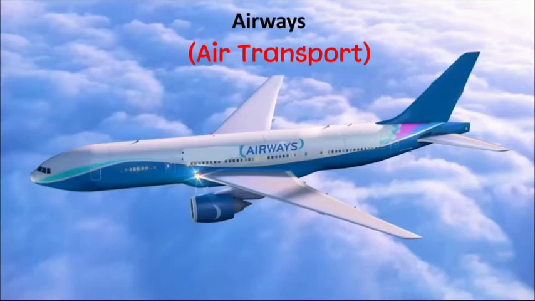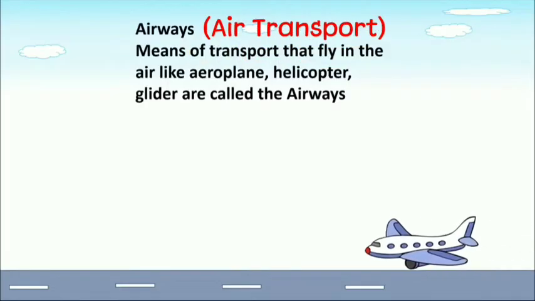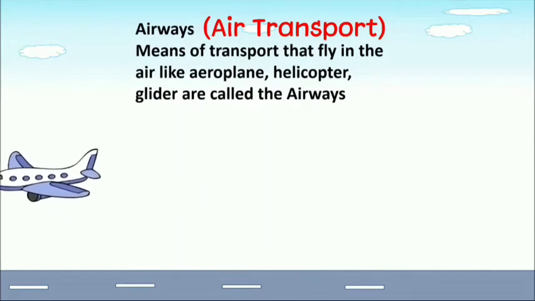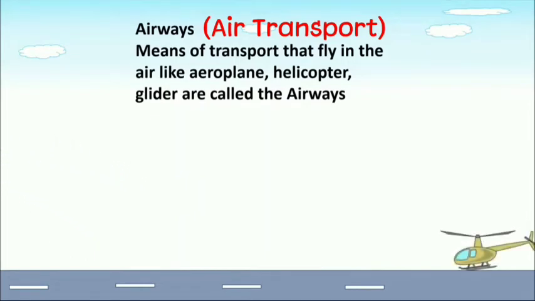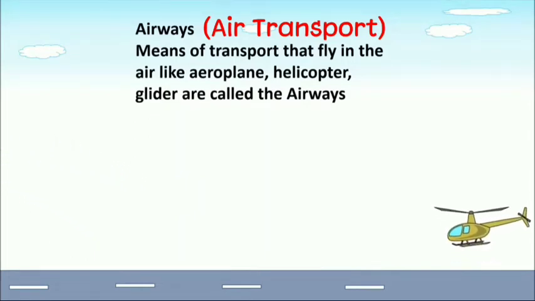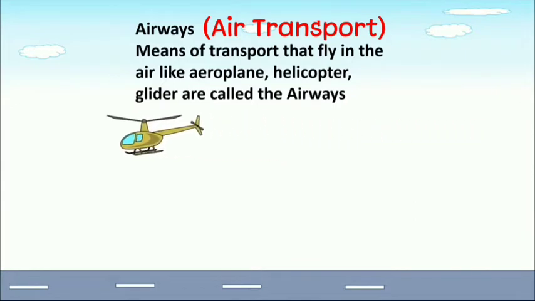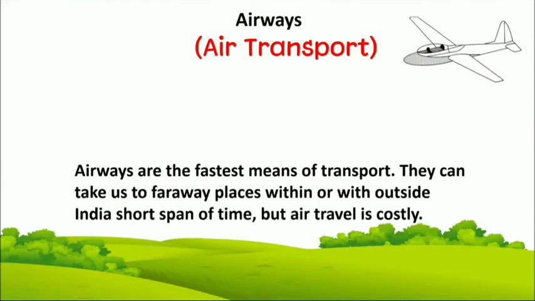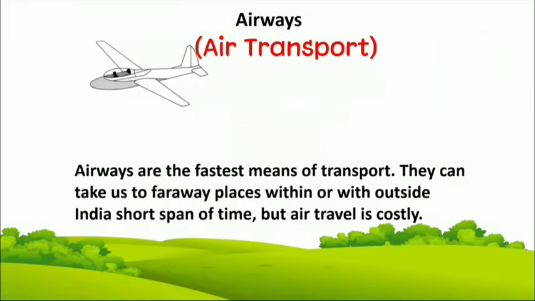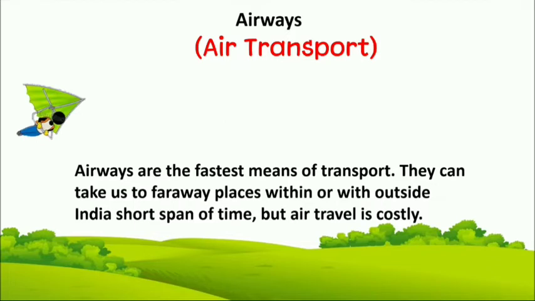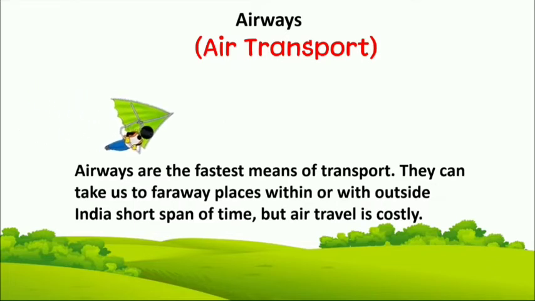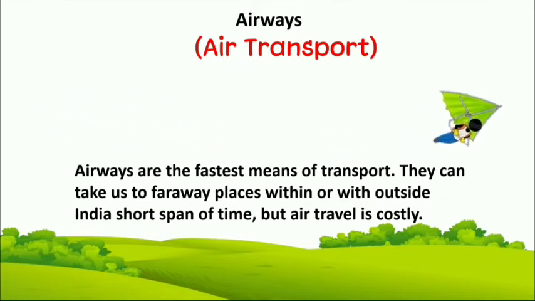Airways is a type of air transport. Means of transport that fly in the air like aeroplanes, helicopters and gliders are called the airways. Airways are the fastest means of transport. They can take us to faraway places within or outside India in a short span of time.